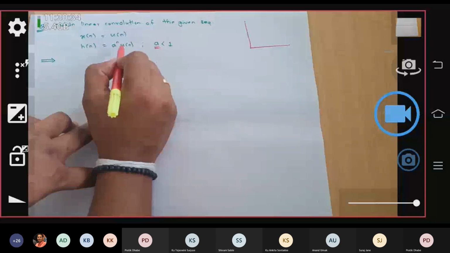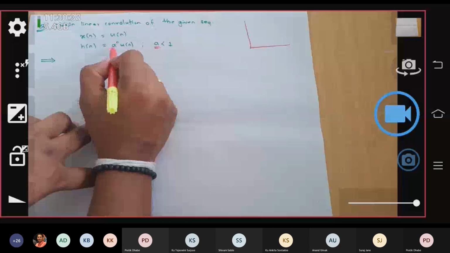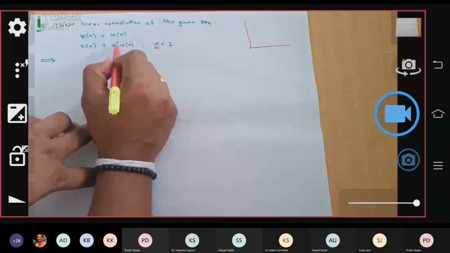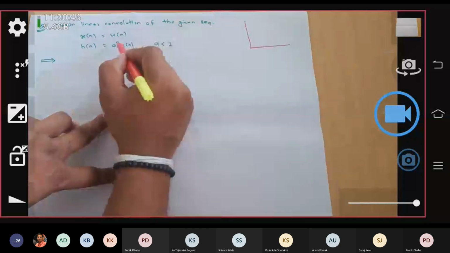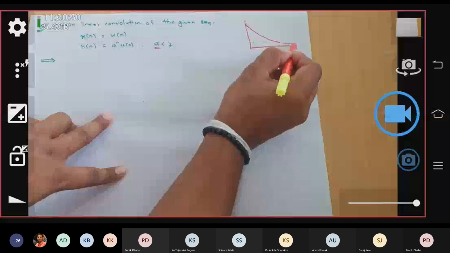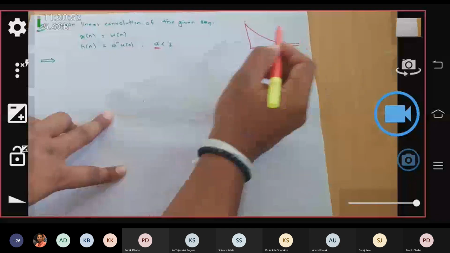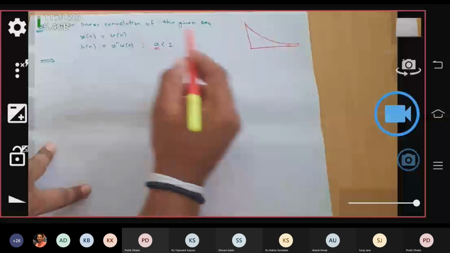Why? Because u of n is 0 for the negative values. When 0 is multiplied with a raised to n, you will get 0, but when something is multiplied with a raised to n on the positive side, you will get that particular something. So that is why this will be an exponential signal only for the positive axis, which means only for the positive values of n.